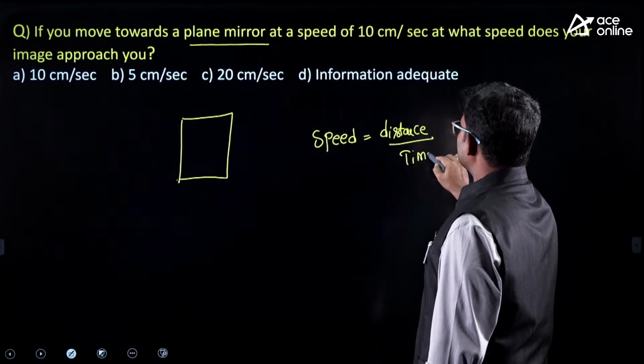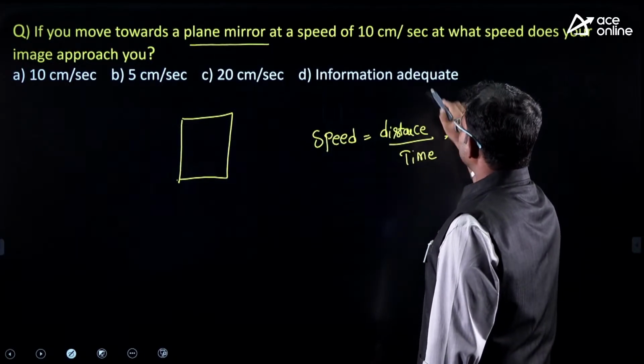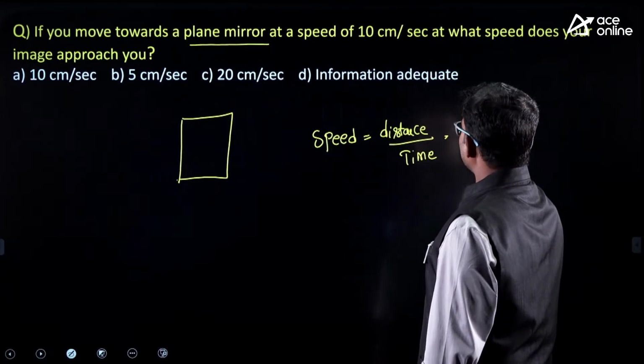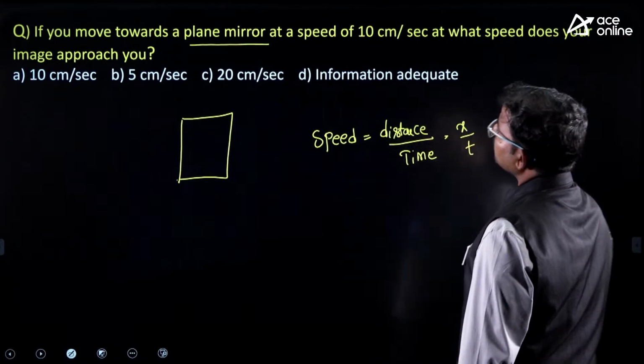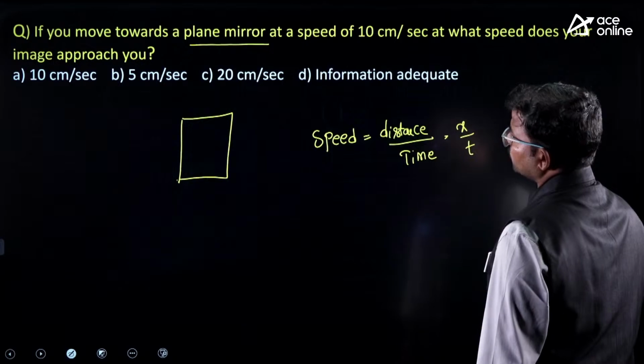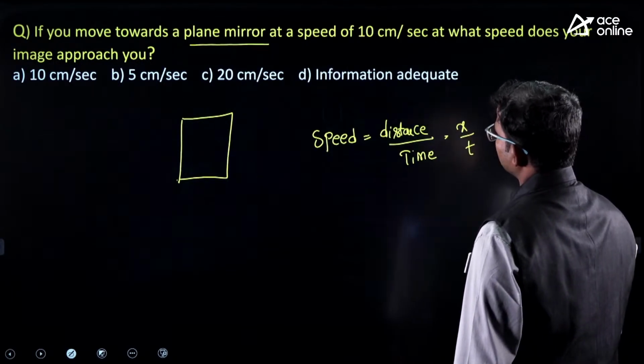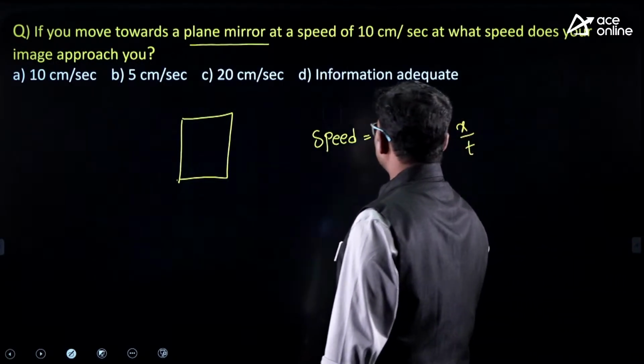So distance by time means x by t. So at what speed does your image approach you?